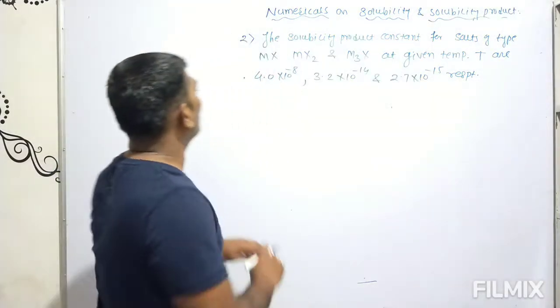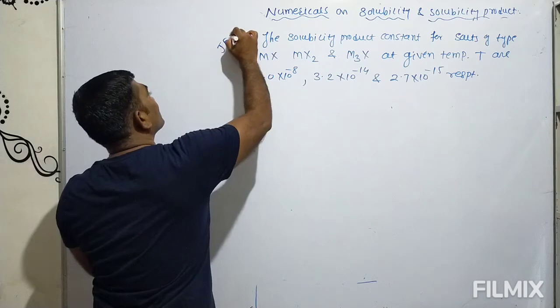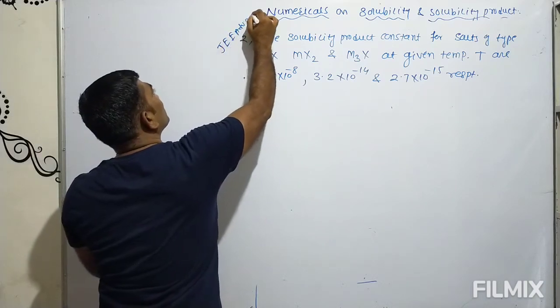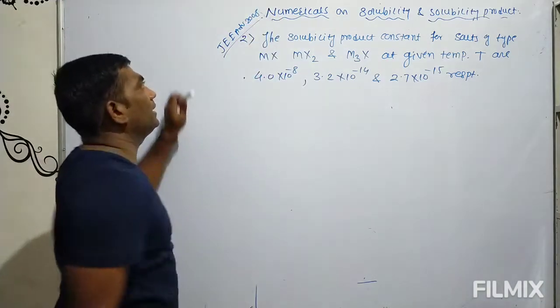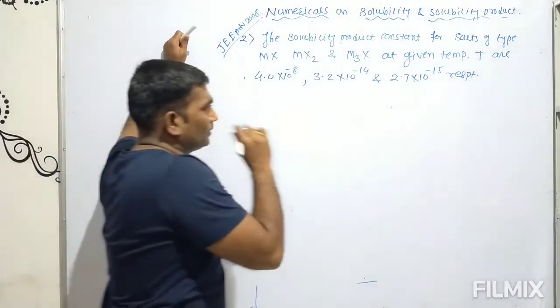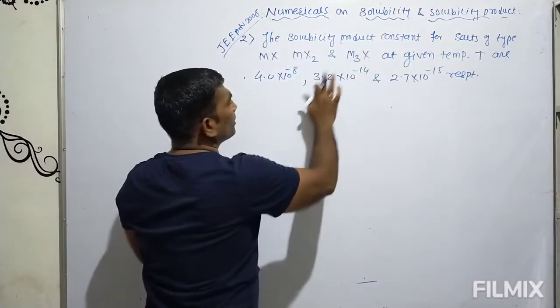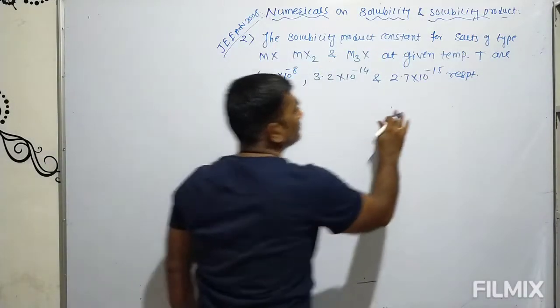Again, this is a numerical from JEE Advanced 2008. So solubility product constants are given.